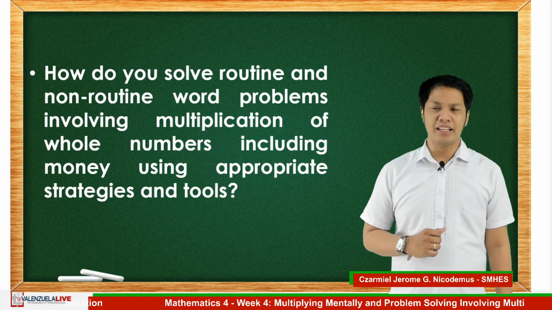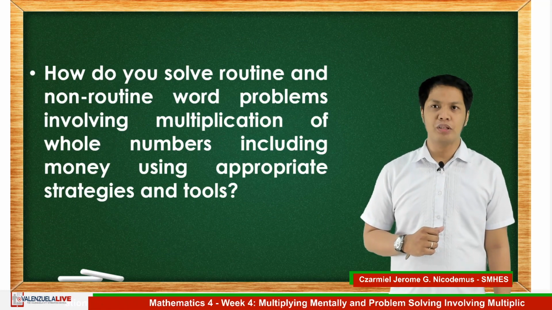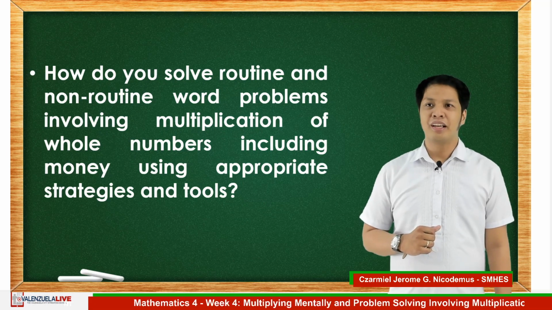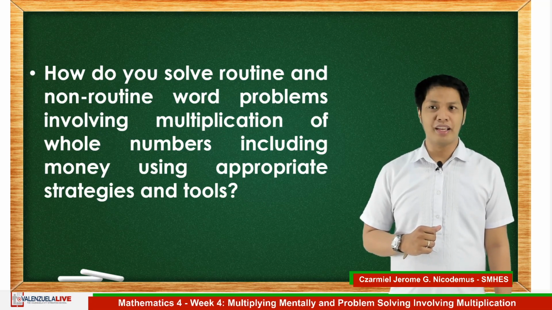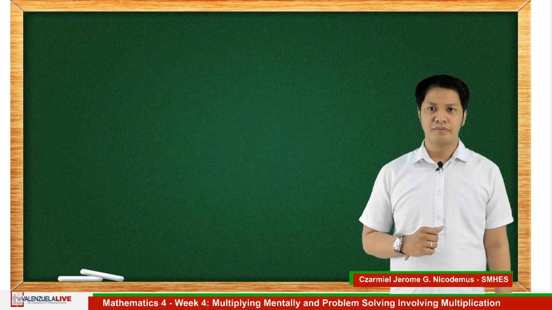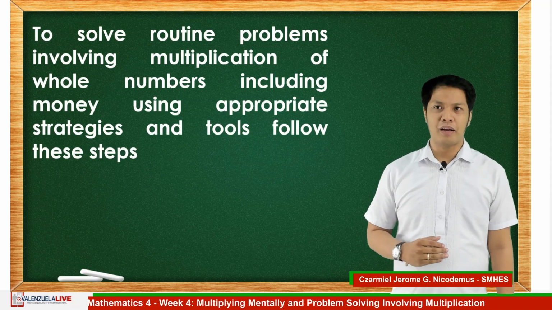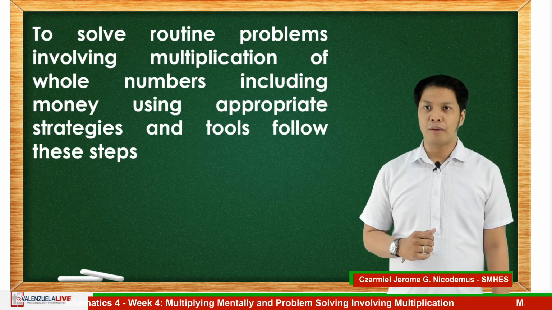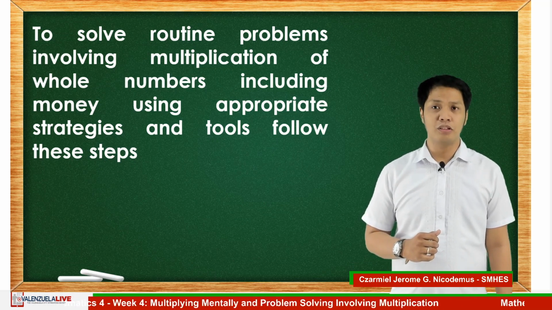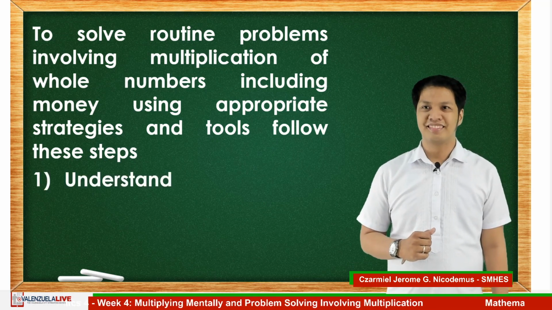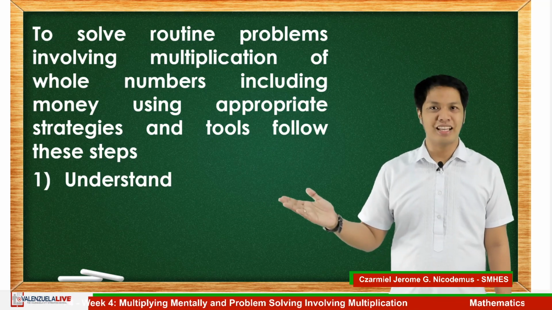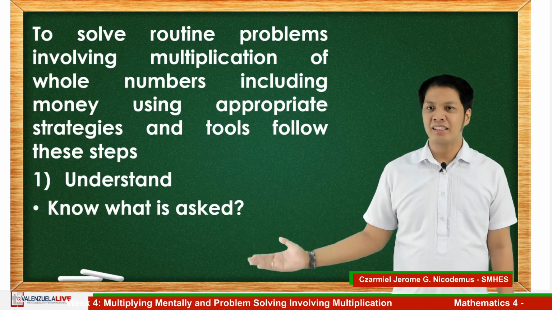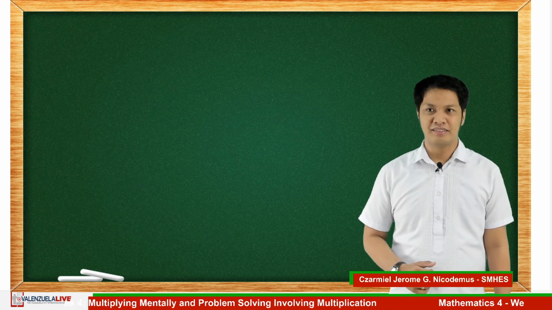How do you solve routine and non-routine word problems involving multiplication of whole numbers, including money, using appropriate strategies and tools? To solve routine problems involving multiplication of whole numbers, including money, follow the steps. First is to understand, know what is asked, and know the given facts.